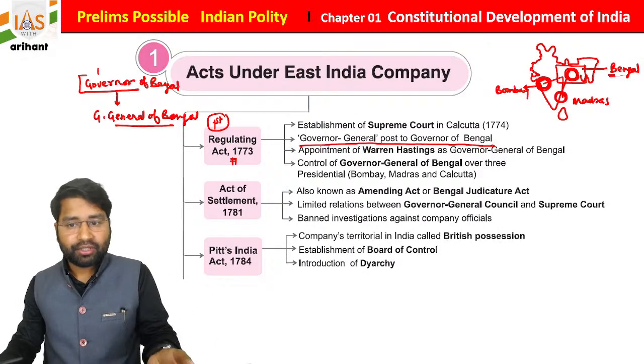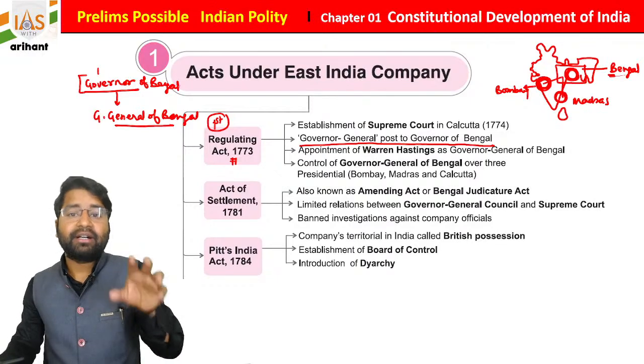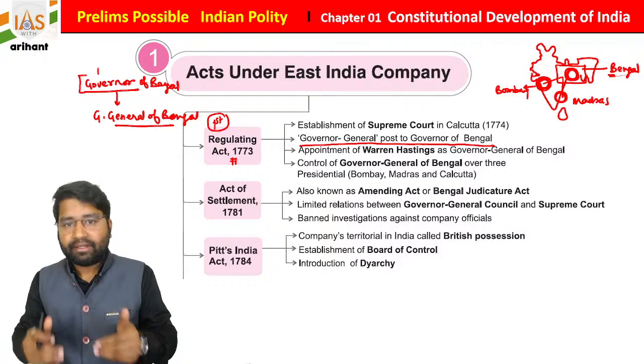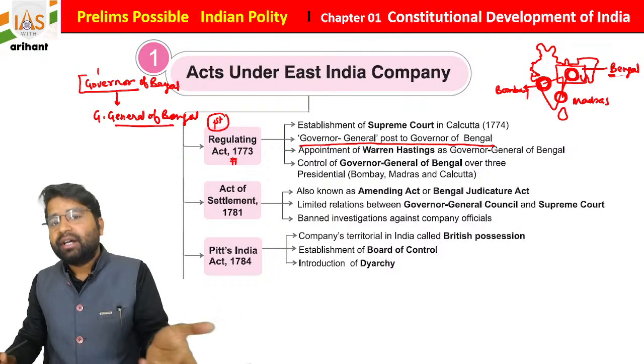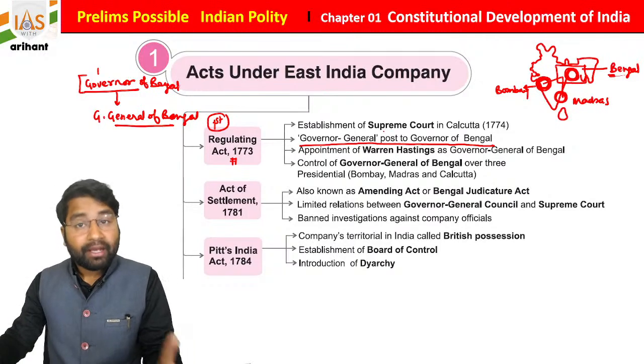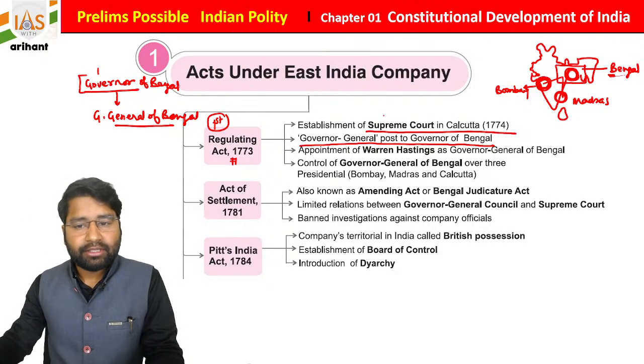They were doing corruption, so to control these things, as well as to make supervision, there must be a legal office where if someone is exploited, they can reach for fast redressal. So under this act, a Supreme Court was created in India, and it was established at Calcutta.